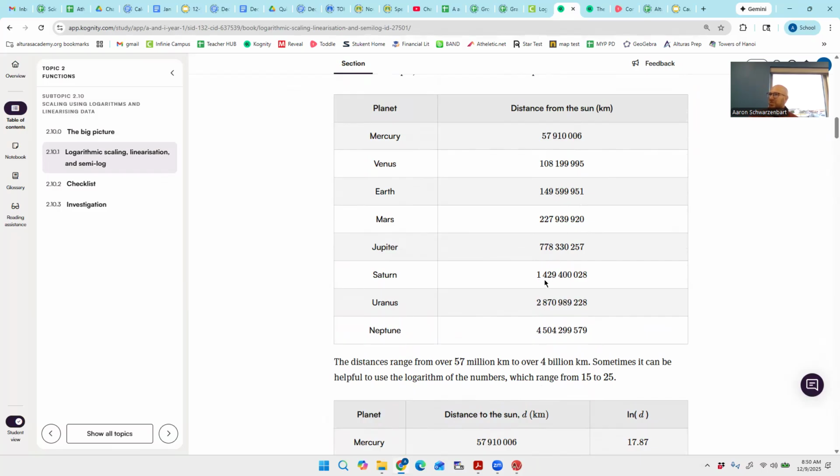Then you're almost doubling it to Saturn, from Jupiter to Saturn. Then nearly doubling it again from Saturn to Uranus, which is basically all six of these, Mercury to Saturn, would fit in between Saturn and Uranus. And then almost again, Uranus to Neptune. Neptune to Pluto is actually not all that far. Pluto is a dwarf planet. It's not big enough to be a planet. Yeah, not quite, because it cuts inside of Neptune at some point.